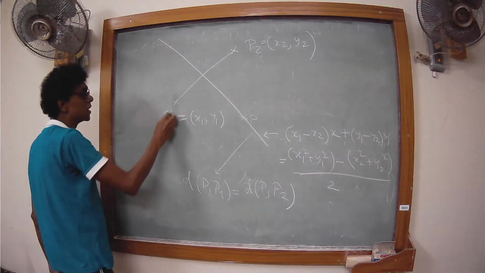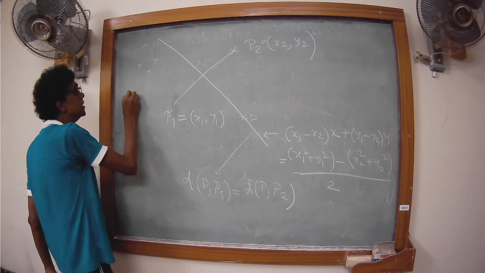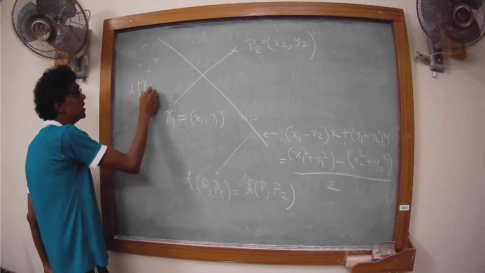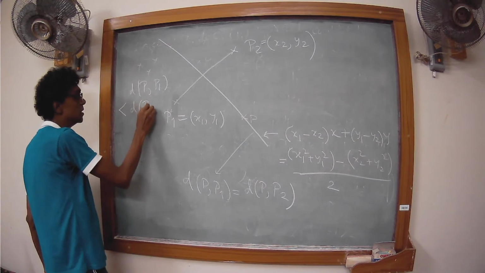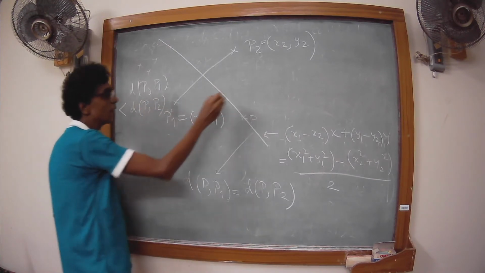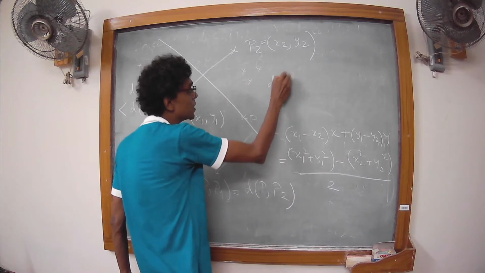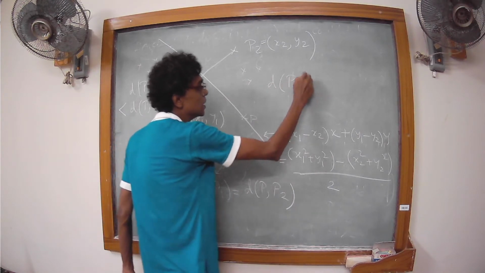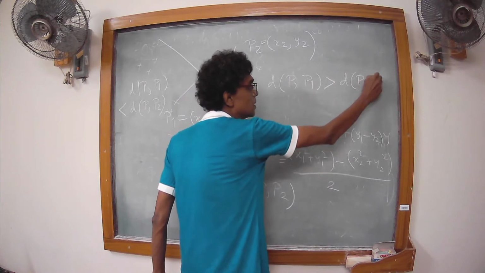This side, which contains P1, here all the points satisfy d(P, P1) less than d(P, P2). Whereas on the other half plane, if I take any point, I have d(P, P1) greater than d(P, P2).